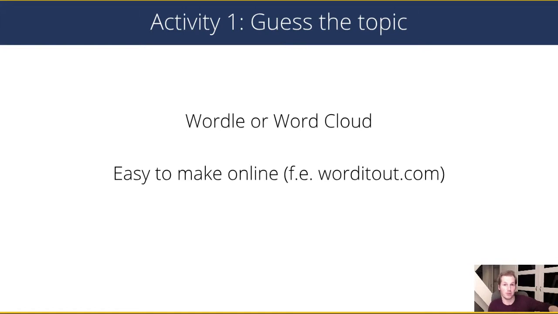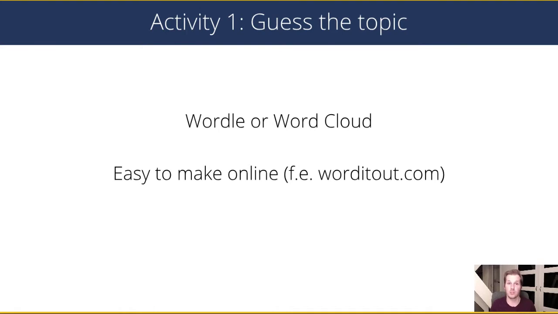If you have a text about the topic you want to discuss, you can just copy paste it in there, and then it selects words from the text, and you can even set some criteria to make sure it selects the words you want, and then it creates a word cloud out of this. I even saw that you can do this with Microsoft Word, but I haven't done that myself, so I don't know how that works. But anyway, that's a great way to start your lesson.